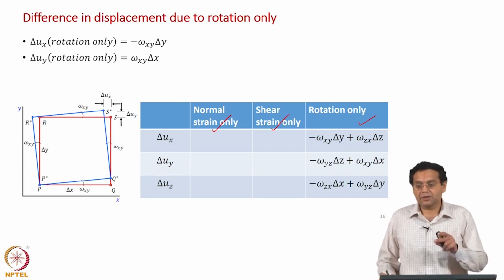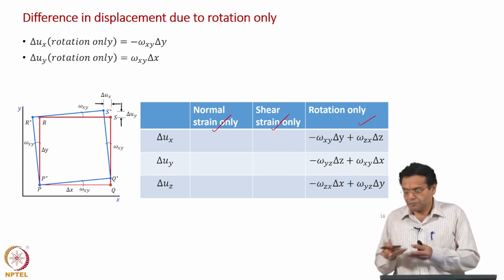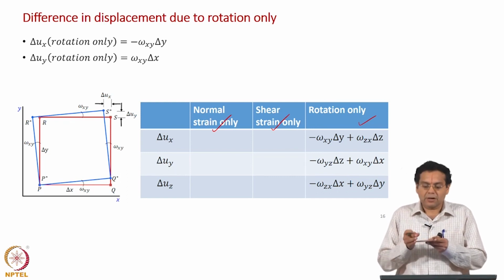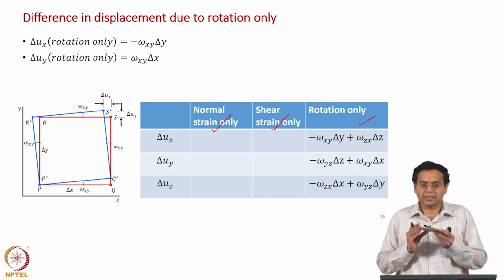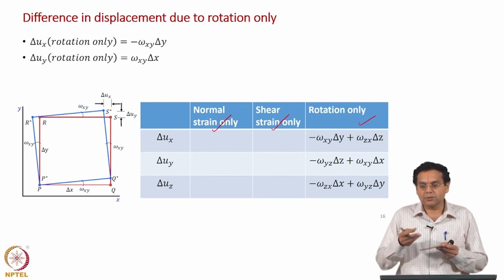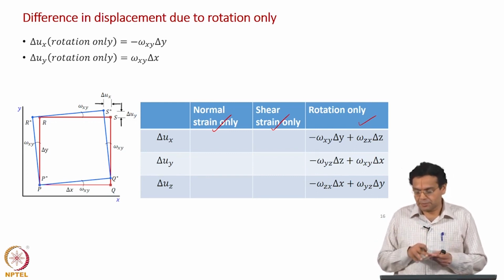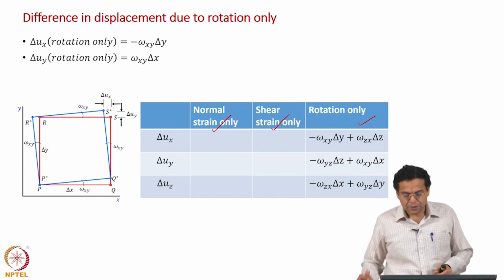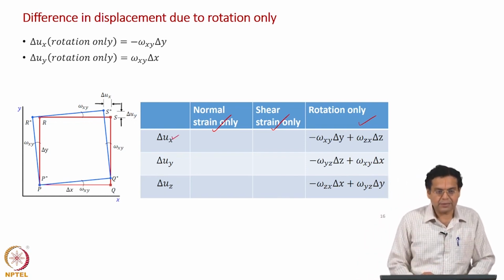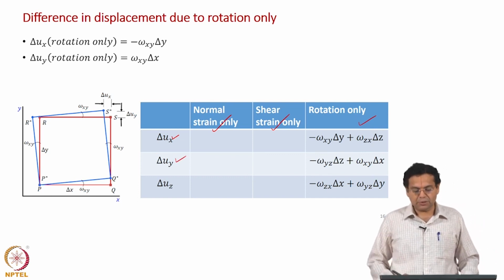Now, just like for shear strain, when shear strain happens, it contributes to x and y displacement. Similarly, when rotation happens in xy plane, it contributes to x displacement and y displacement. And so, you will have one entry for delta ux, one entry for delta uy, and that is what is shown here.